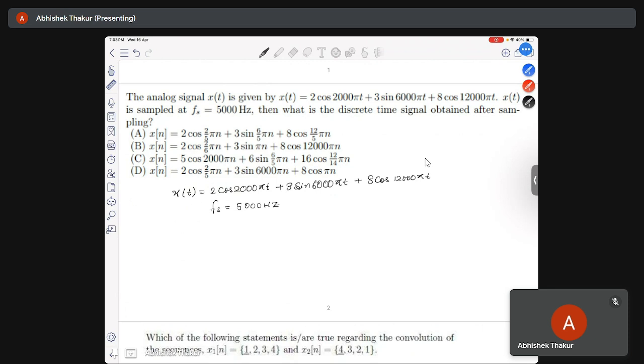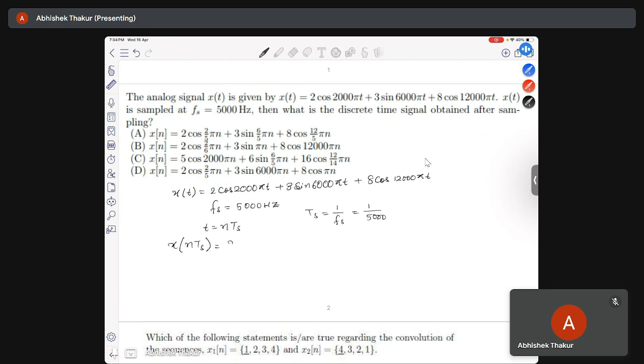So let's substitute t equal to n Ts. Ts will become, we have to put Ts equal to 1 by Fs, so this will become 1 by 5000.